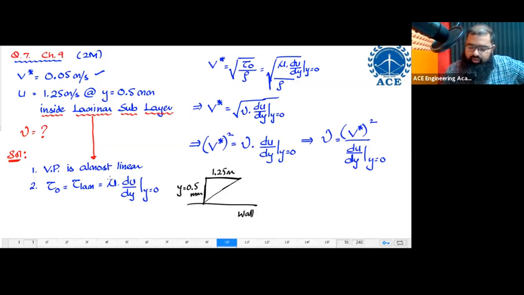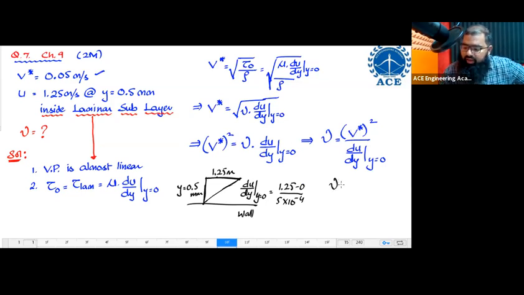I'm having a linear velocity profile. If I have a linear velocity profile, then tell me what is du by dy? du upon dy at the wall, that is y equal to 0, has to be equal to this velocity minus this velocity, that is 1.25 minus 0, divided by the gap in between, that is 5 into 10 power of minus 4. Now put in the values in SI unit.